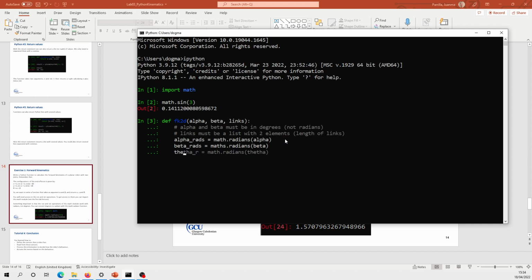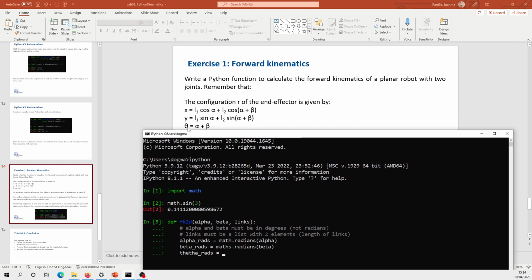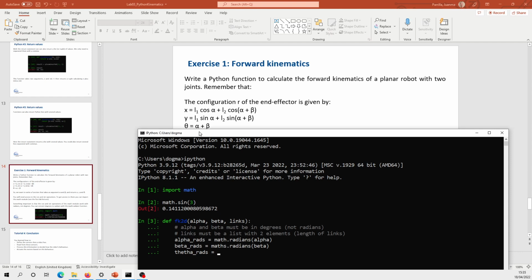The first thing that we can do is calculate the value of theta. As you can see on the slide, the value of theta, the final angle of the end effector, is just alpha plus beta. So this is actually super simple to calculate.